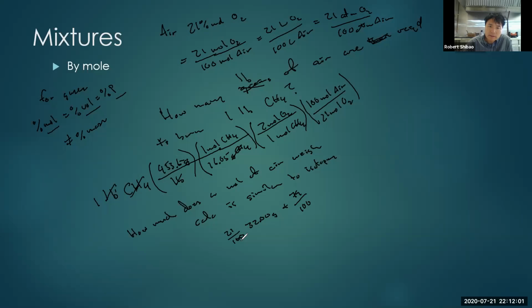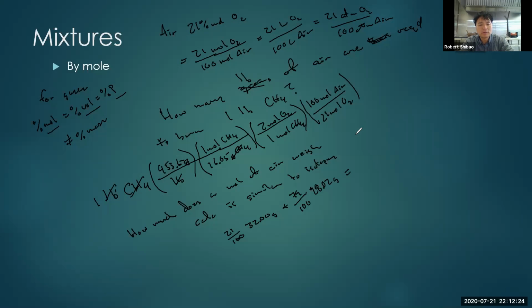And the molar mass of nitrogen, N2, is 14.01 times 2, which is 28.02 grams. This is grams per mole. So what does that make that?